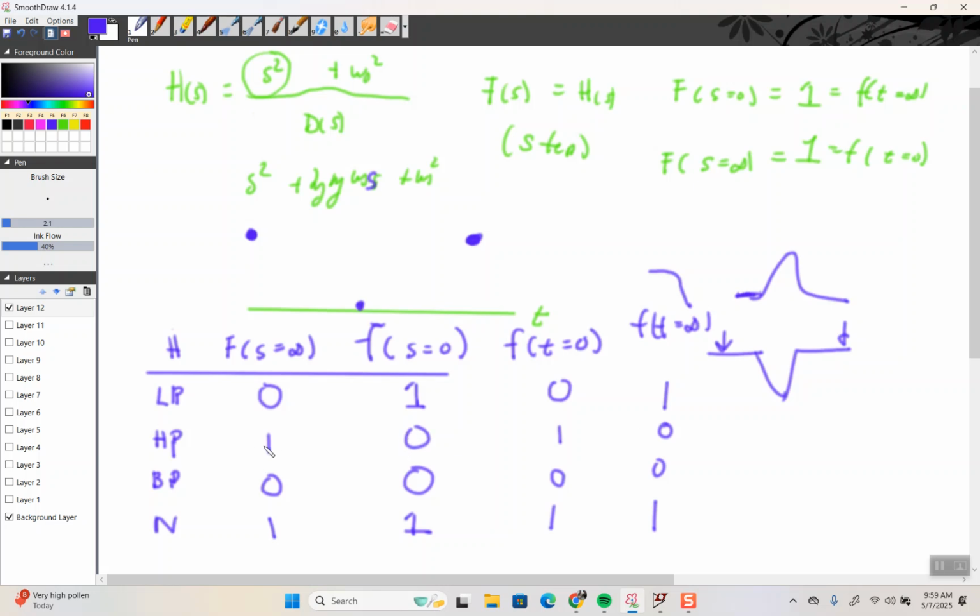Okay. But, I mean, there you have a very formal way of looking at it. But you know, when we look at that transfer function and we go for low frequencies, I set s equal to 0.